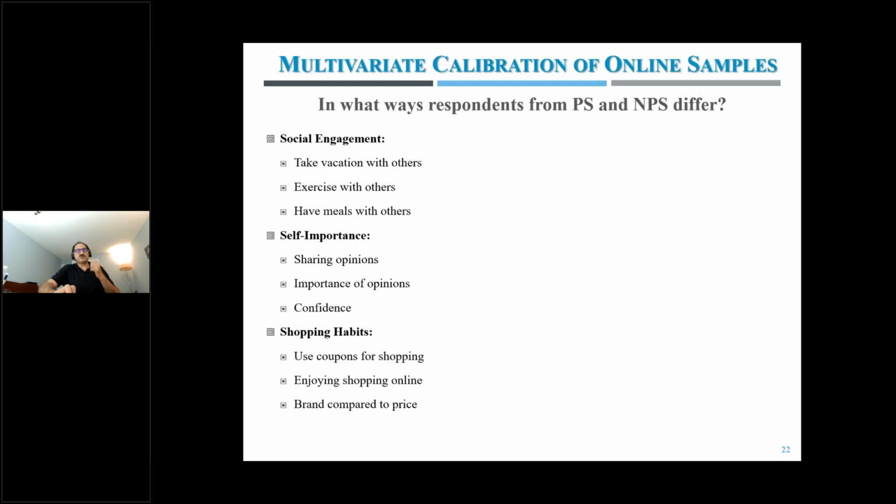However, as I mentioned, samples that lack organic representation from these online panels, even if you weight them to the geodemographic distributions, they're still going to have issues. Here is a list of measures with respect to which respondents from online panels differ from the general population.